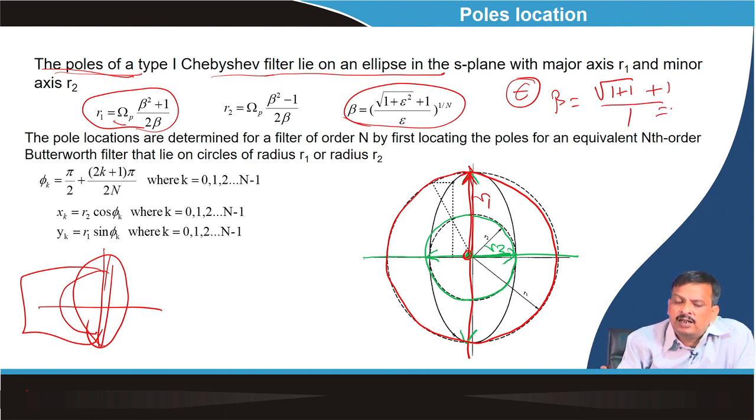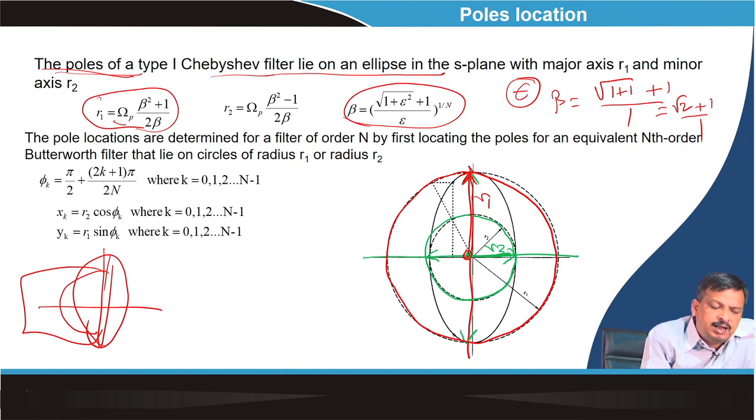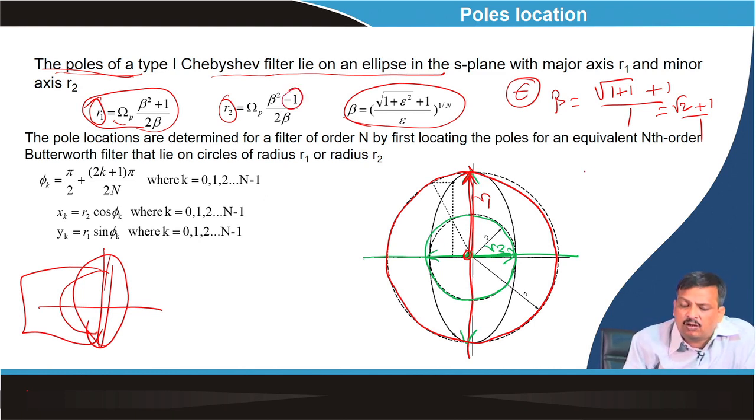So, it is nothing but root 2 plus 1 by 1. Once I know beta, I can calculate R1 and R2. In R1 there is a minus 1, that is why the minor axis is always less than the major axis. So, if I know epsilon, I calculate beta, then I can calculate R1 and R2.